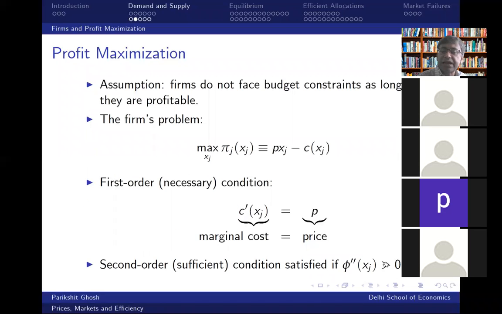It'll make sure that the second order condition is satisfied, and you'll see in a moment it will tell us something very precise about the slope of the supply curve. So just as diminishing marginal utility implied the law of demand, negatively sloped demand curves, similarly increasing marginal cost will imply positively sloped supply curves.